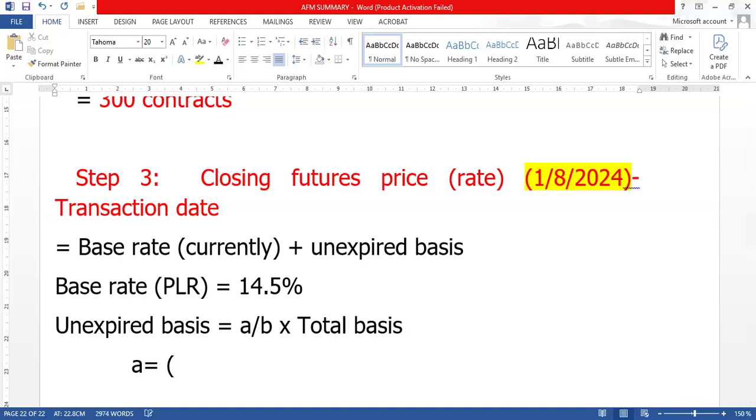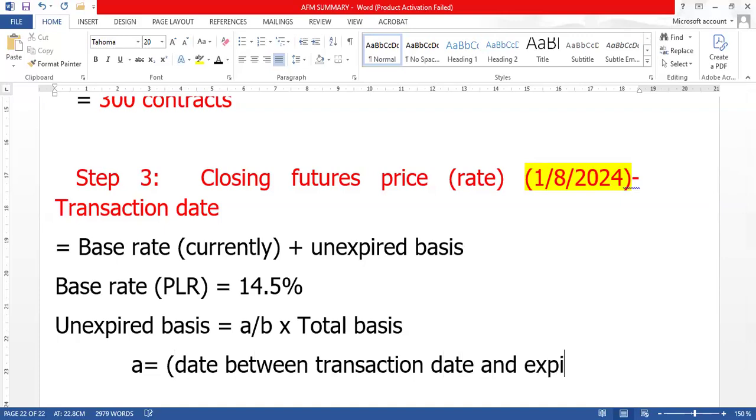A is the period between the transaction date and the date on which your futures contract will expire. How can I summarize it?